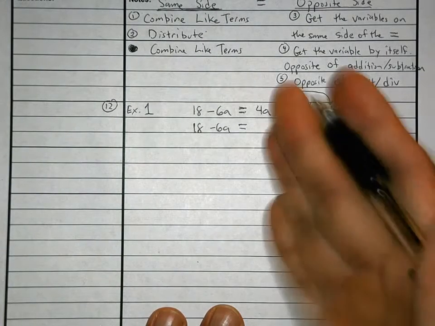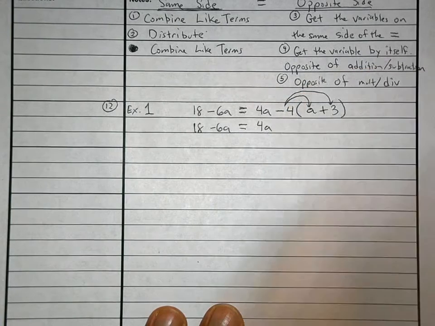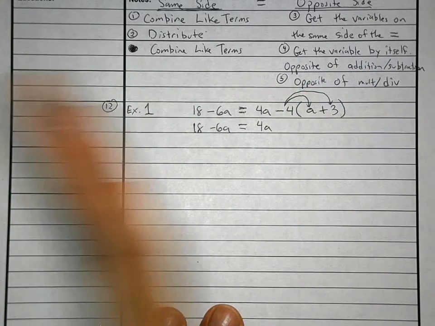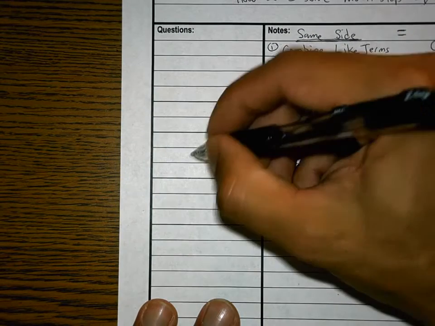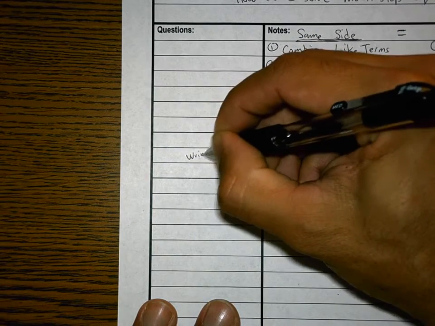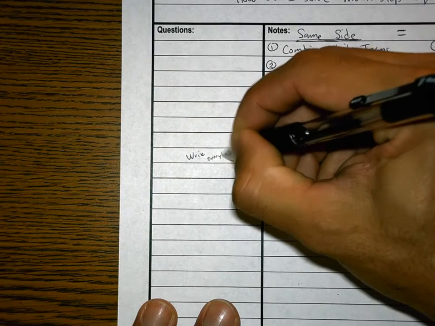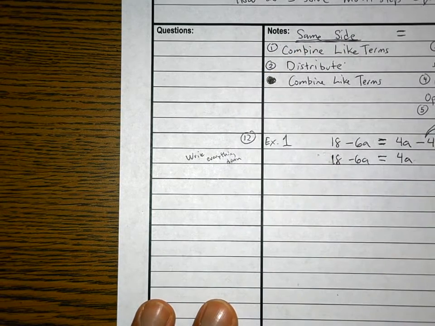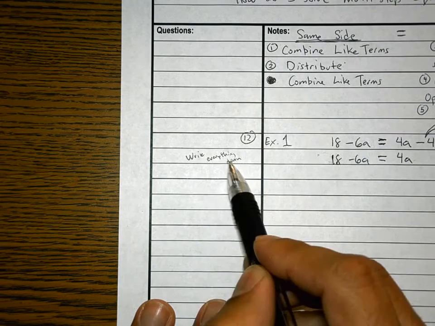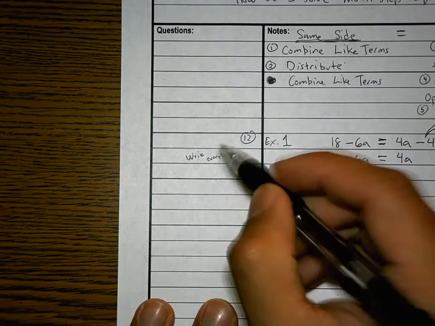The 4a hasn't changed. Write it down. We just write everything from left to right. And I'm going to put a little side note over here on this column. And I'm going to say, write everything down. Because really, that says write everything down. It's really small handwriting because it's a small note to myself.